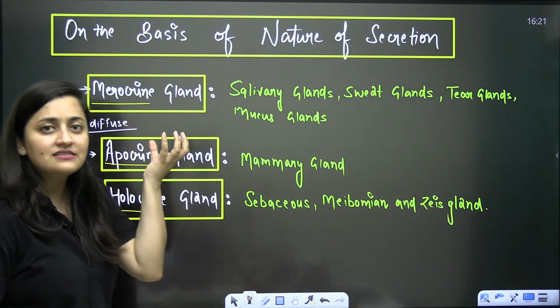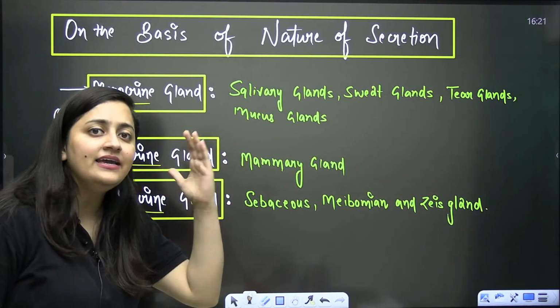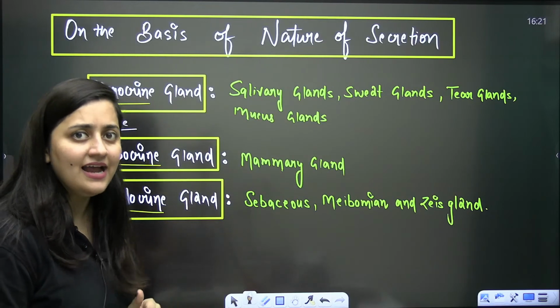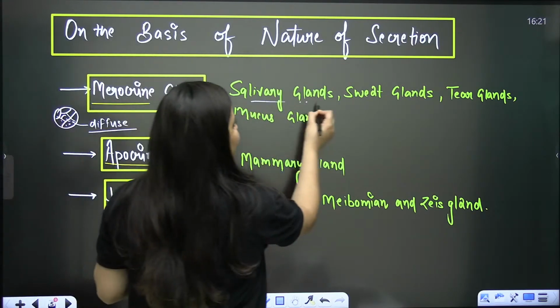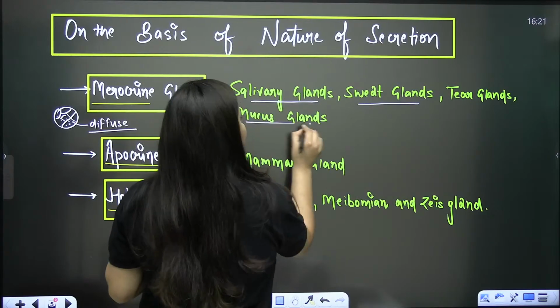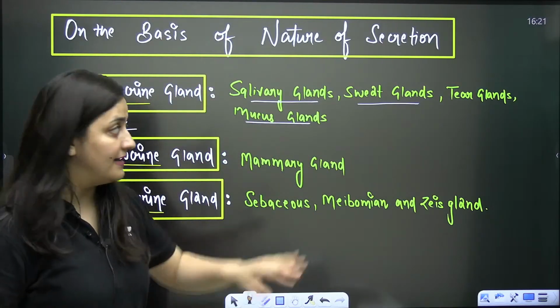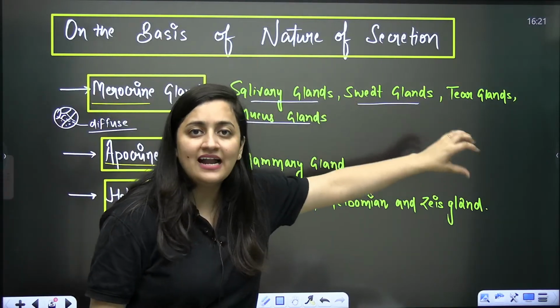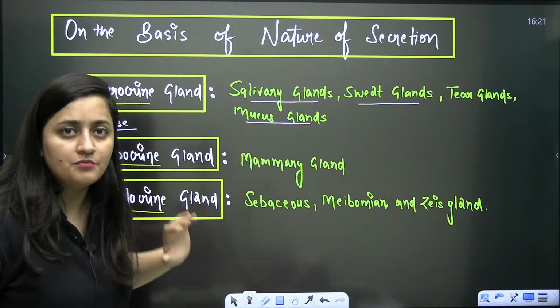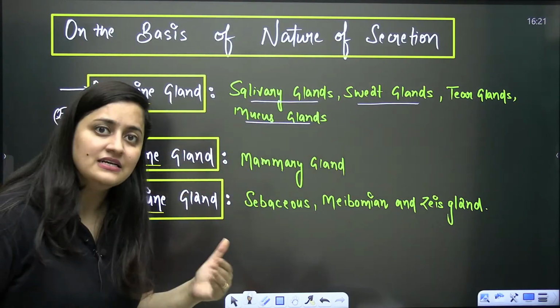That chemical substance, that secretory material, will directly diffuse from the cells of this gland. The examples are salivary glands, sweat glands, tear glands, and mucus glands. These are the examples that we have.